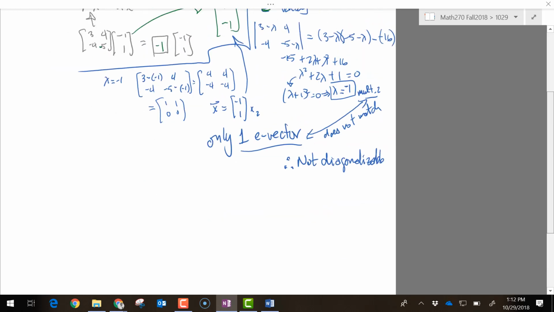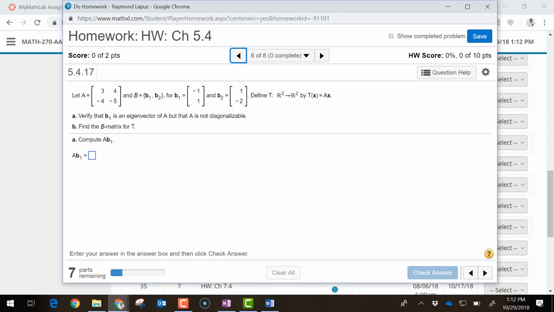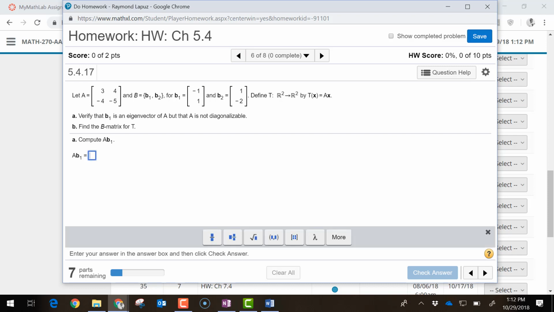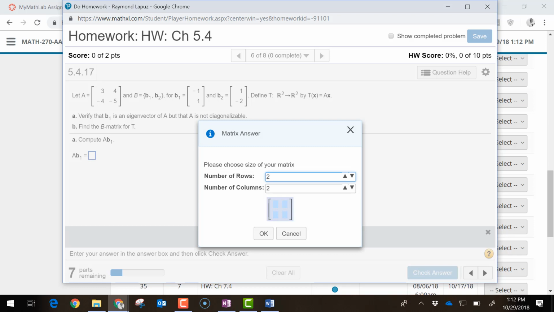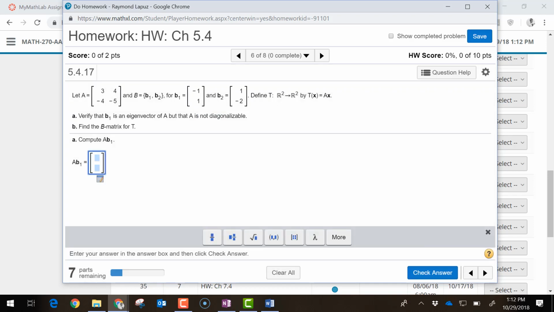Okay. So that's the first part. And then they want us to find the B matrix for T. Well, let's first, I guess we have the thing open, see if we can answer it. Compute this. What do we get? 1, -1.